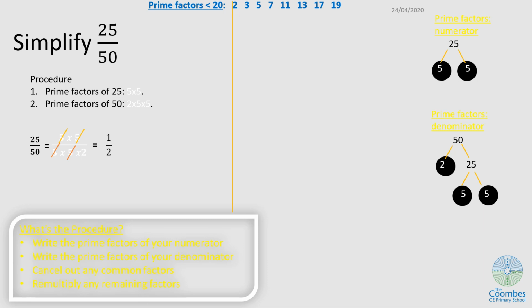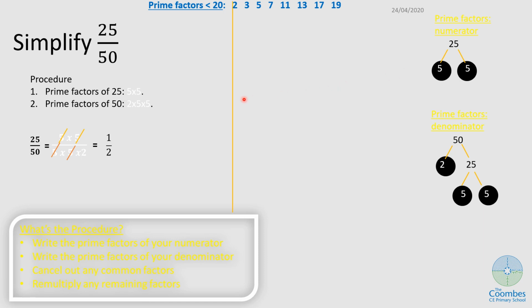I know 2 is not a factor of 25, so I cannot multiply any number by 2 to get 25. I cannot multiply anything by 3 to get 25. But I can multiply 5 by 5 to get 25. So the prime factors of 25 are actually 5 and 5.